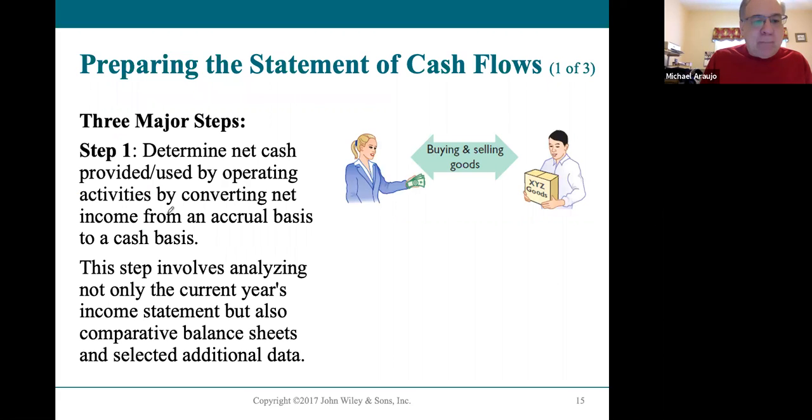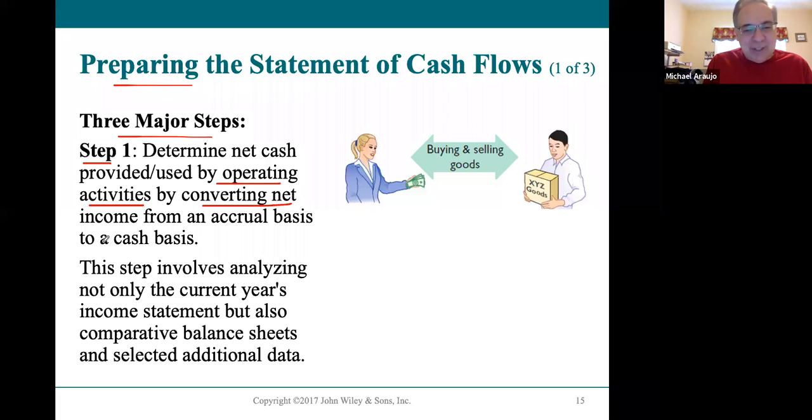Okay, so we're going to move on to, if you're in the book, page 596. The major steps in preparing the cash flows. Step one is we have to determine the cash either provided or used by operating activities. The way we do that is we start with the net income, but it's weird because all this time you've been learning the accrual basis.